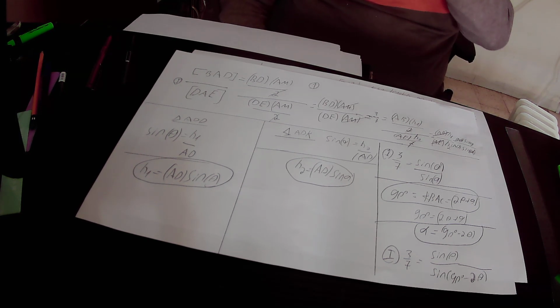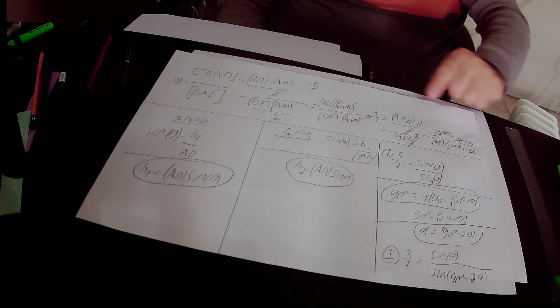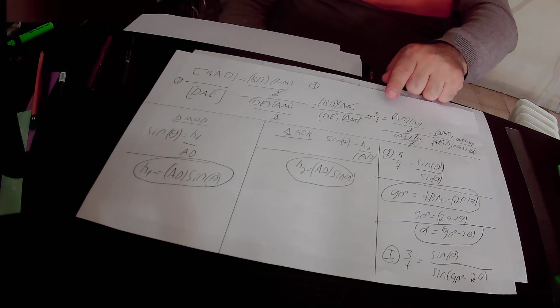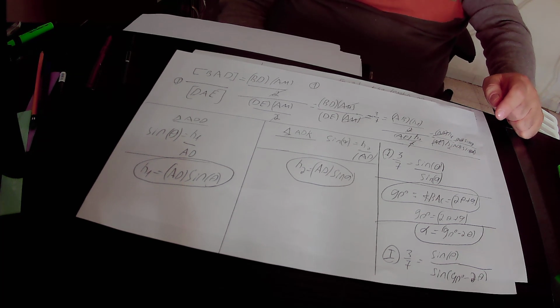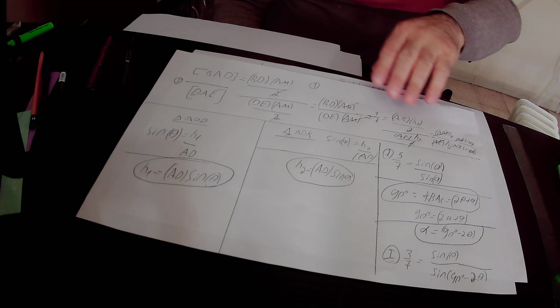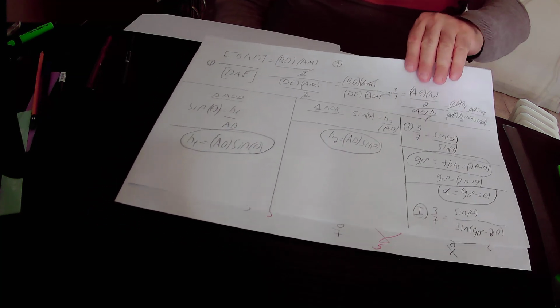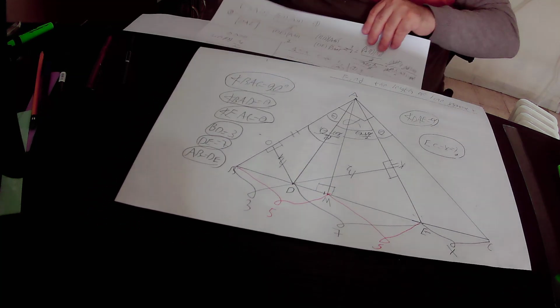Okay? So we found that 3 over 7 equals h1 over h2. So we have to find the values of h1 and h2. We focus on the right triangle AOD.